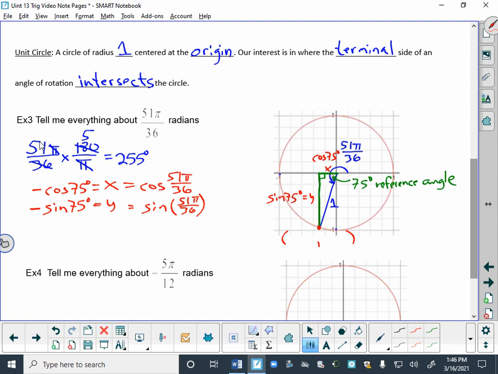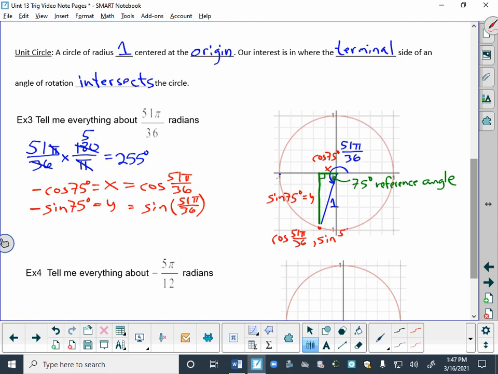So the x-coordinate of this point out here is the cosine of the angle. Okay, my angle again to begin with was 51 pi over 36, which is equivalent to, what did we say, 255 degrees.